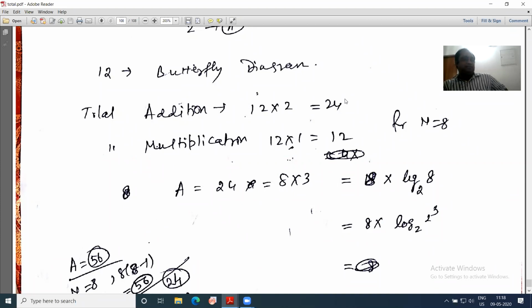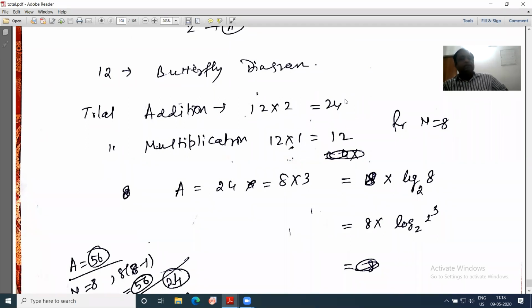Thereby, this algorithm reduces computational complexity to a great extent. Because 64 to 12 is almost 80% less computation. Instead of 64, you are getting 12 multiplications. So this is computationally efficient compared to direct computation.